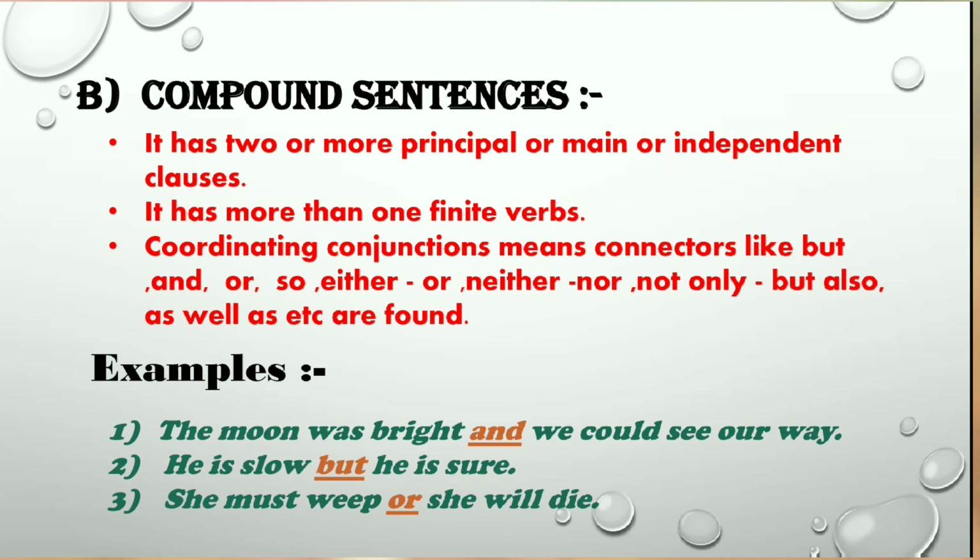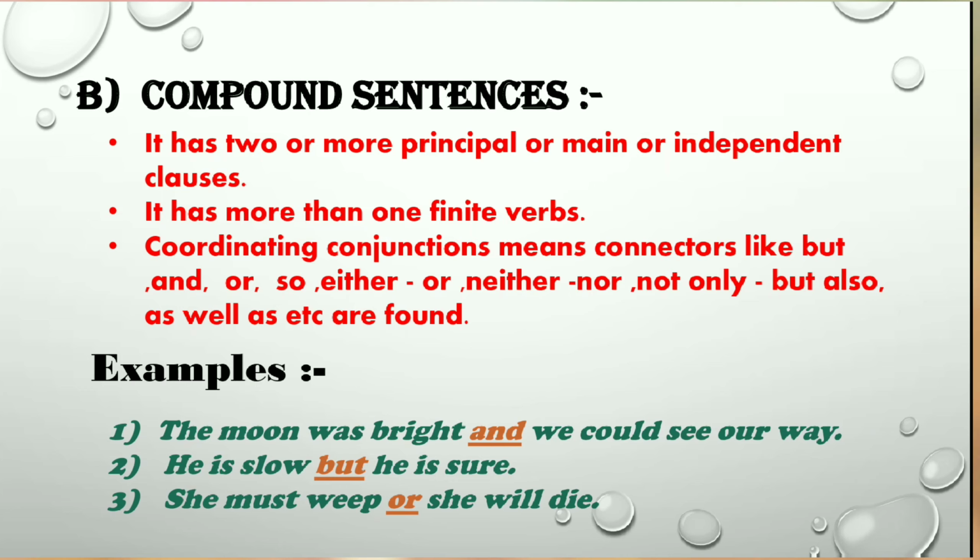Now let's see the second example. He is slow, but he is sure. In this sentence, he is slow is one principal or main clause. He is sure is another independent or main clause. And these both clauses are joined together with the connector but. Now let's see the last example. She must weep or she will die.